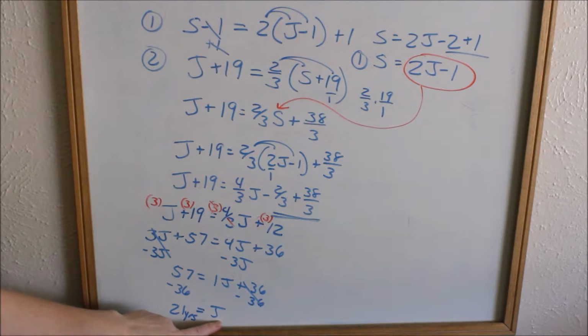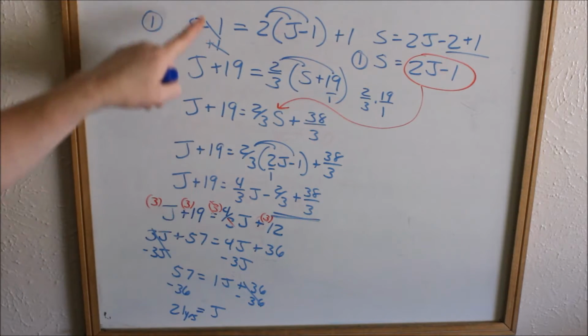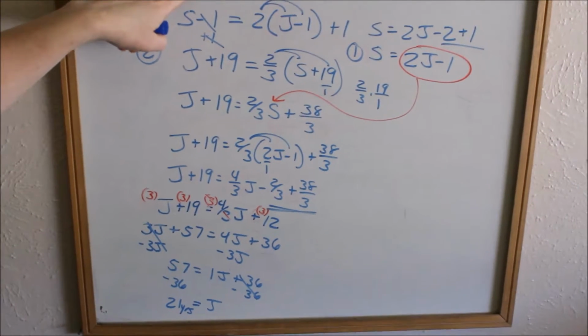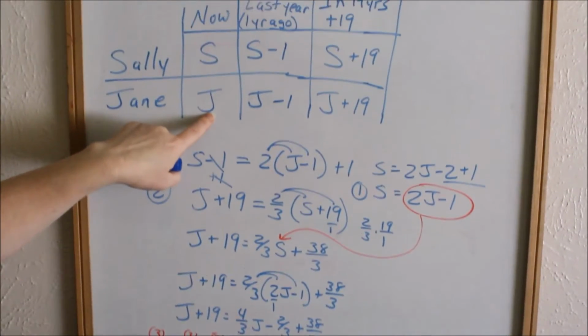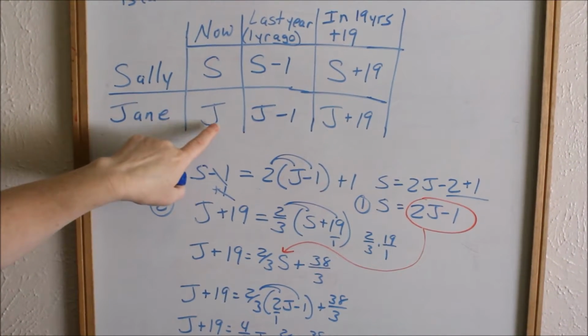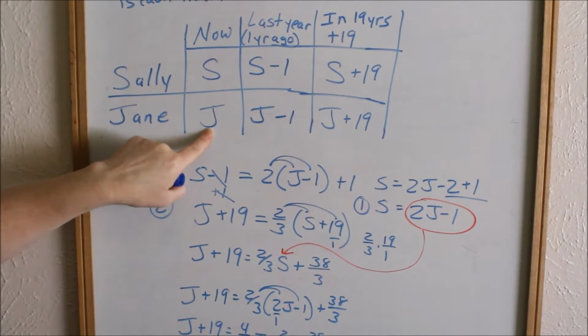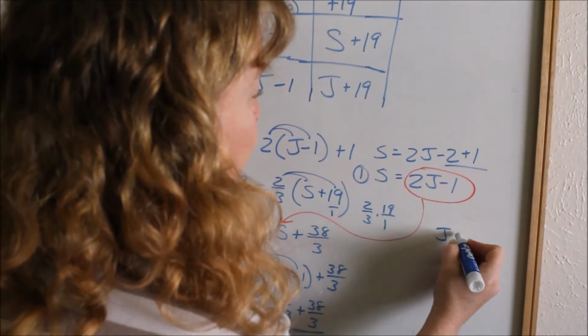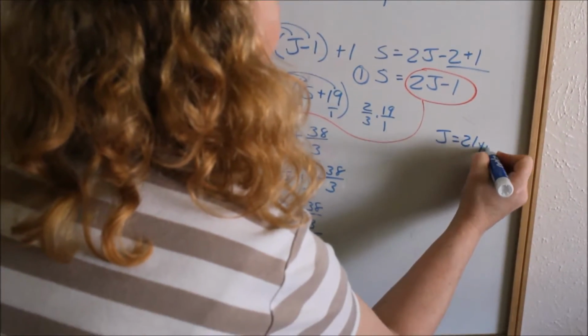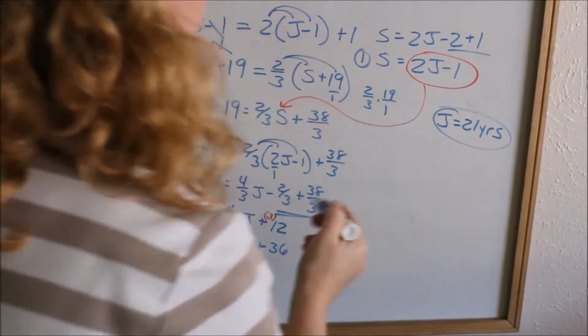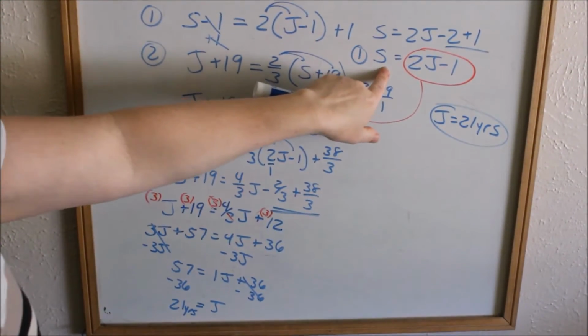So remember what J represents. From the chart that we made, J represents Jane's age now. So if we know that Jane is 21 years old, we have to solve for Sue. So I'm going to go back to this equation right here.